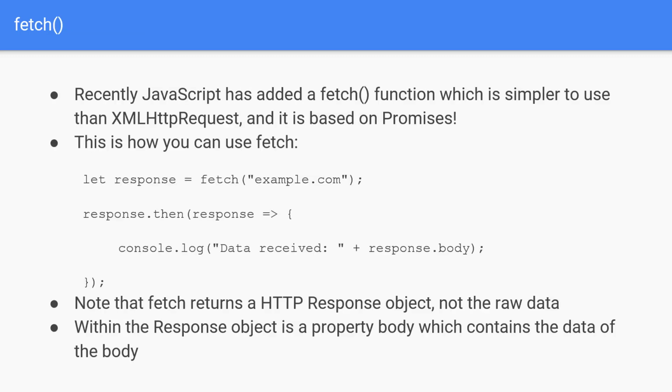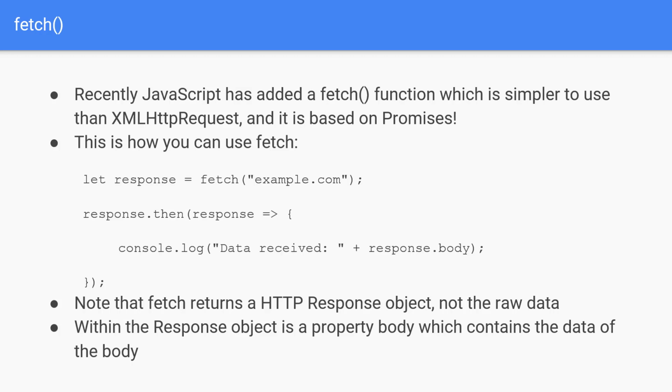Recently, JavaScript has added a fetch function which is simpler to use than the HTTP request object, and it is based on promises. This is how you can use fetch. So fetch is going to return a promise, and the promise is then what the response becomes.